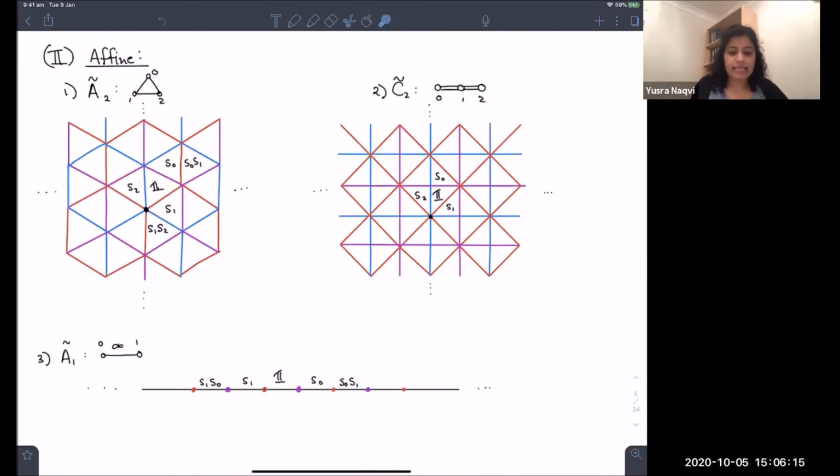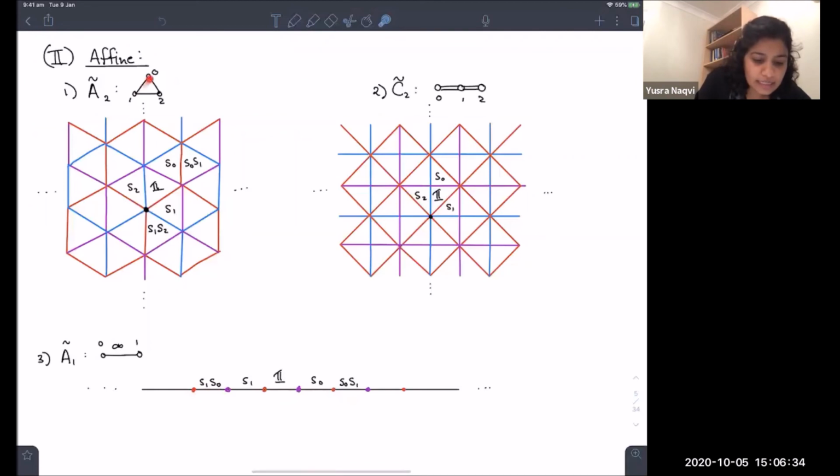In the affine case, I have these tessellations of Euclidean space. Because I have these nice infinite Coxeter groups over here with generators that have me fill out a plane or an infinite line or something like this.